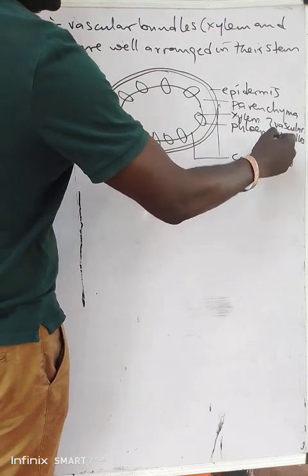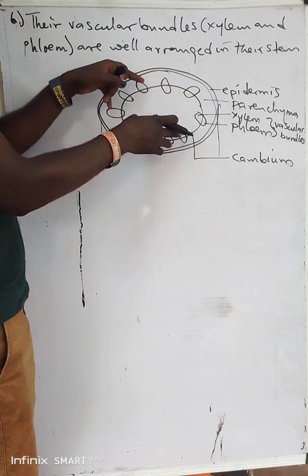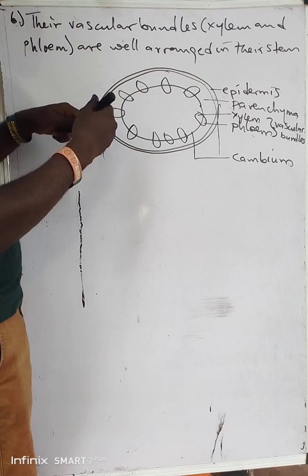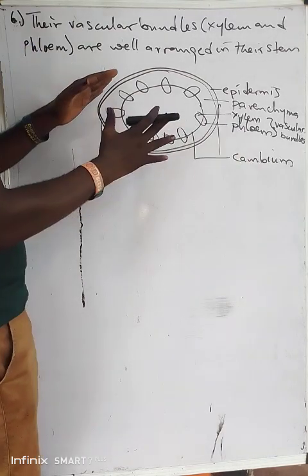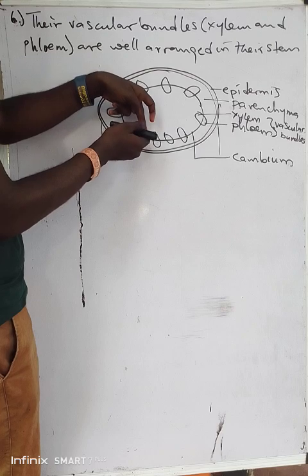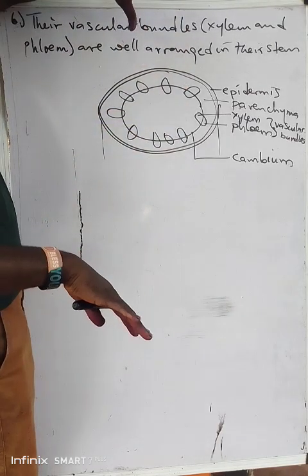When this cambium divides, it makes them become fat. They grow in girth, because when it divides, it becomes more, and as it's becoming more, it pushes the diameter, then the plant grows.